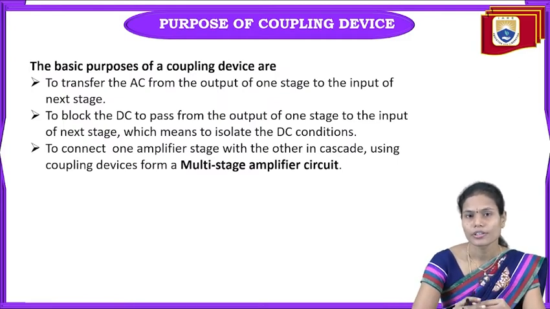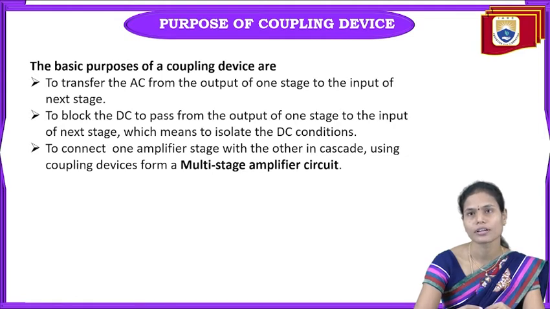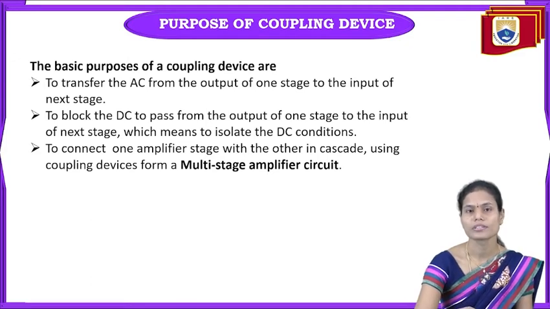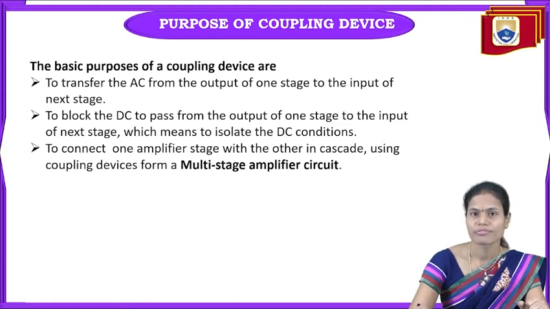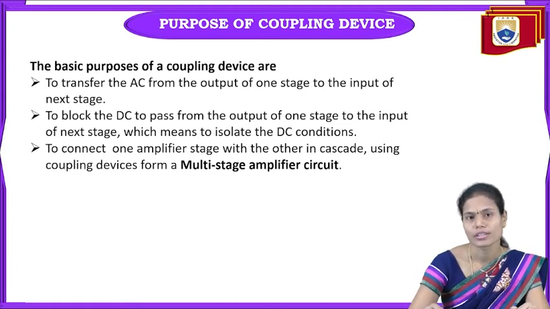And in order to interconnect one stage to the other stage, we use a coupling device here. So what is the basic purpose of that coupling device? We will see the different coupling schemes later on. The first and main purpose of using the coupling scheme is to isolate the DC signal which we apply for the amplifier.